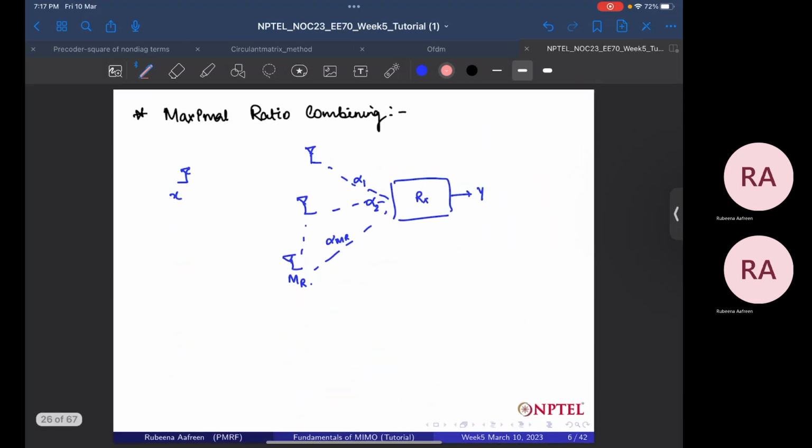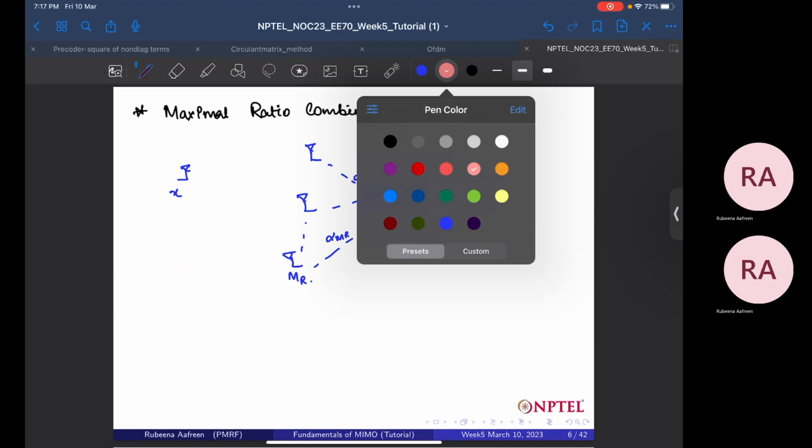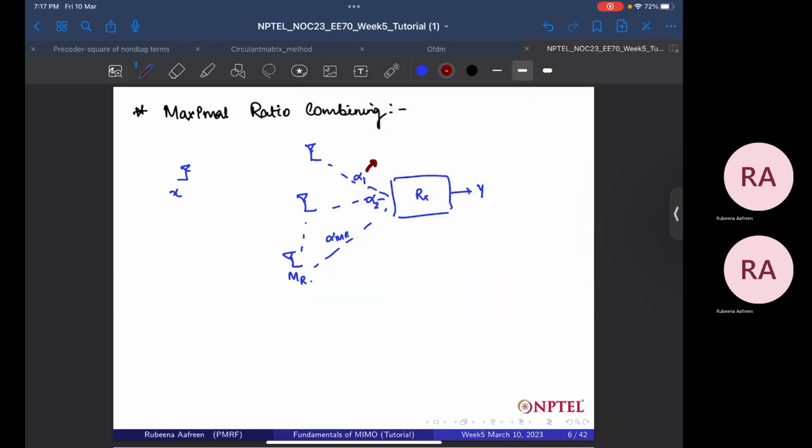Now the other thing is maximal ratio combining. What happens here is that there is one transmitter and then there are MR receivers. But at each receiver, we are multiplying the received signal by some weight factor. So these alphas are weight factors.